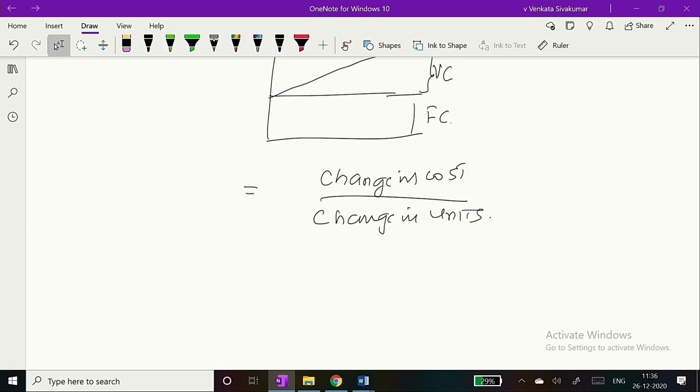The fixed portion remains constant, and it is the variable element that changes.